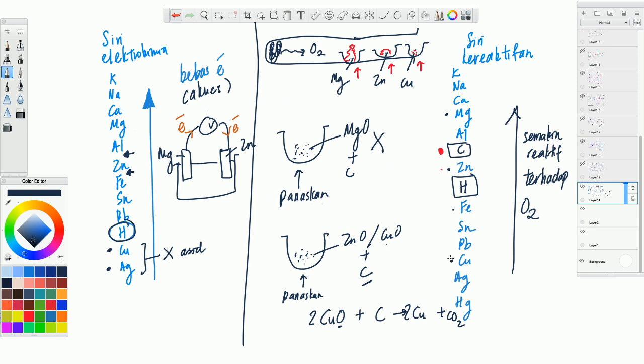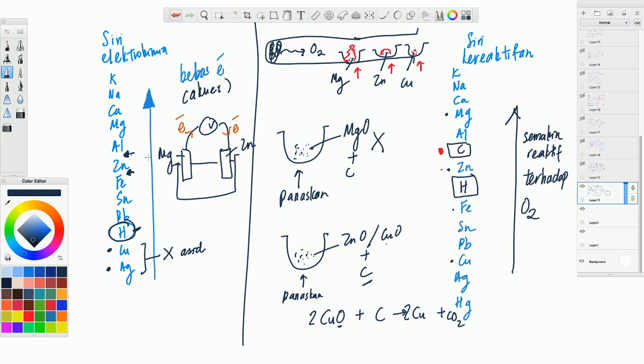berbanding dengan bawah. Tetapi mengapa hidrogen ada dua tempat yang berbeza? Satu di atas, satu di bawah. Kenapa? Okay. So, yang ini, hidrogen ini untuk asid. Okay. Kuprum dan argentum tidak boleh bertindak balas dengan asid. Tetapi plumbum, stannum, ferrum boleh tindak balas dengan asid.